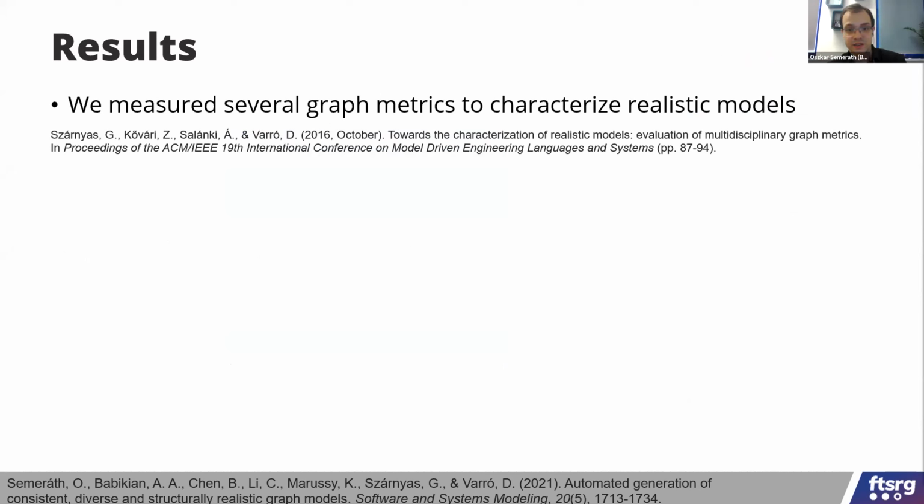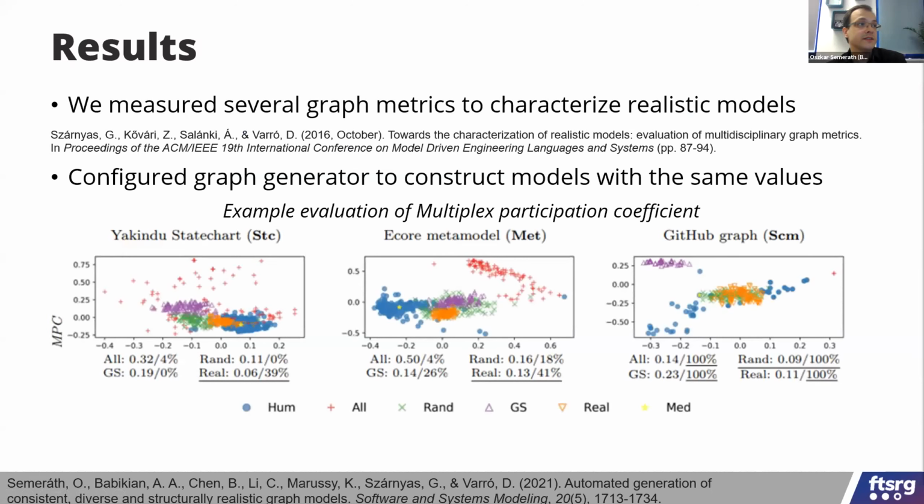What is the state of the art here? First of all, we measured several graph metrics to characterize real models that are available. And here is a paper of that. We configured our graph generator to construct models with the same metric values.